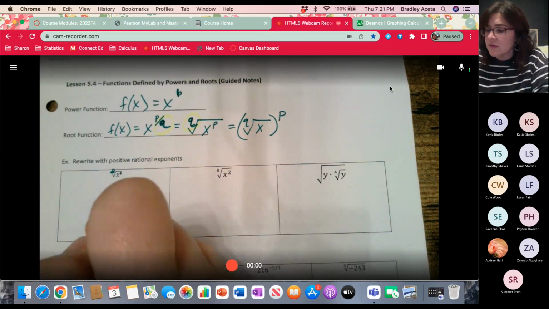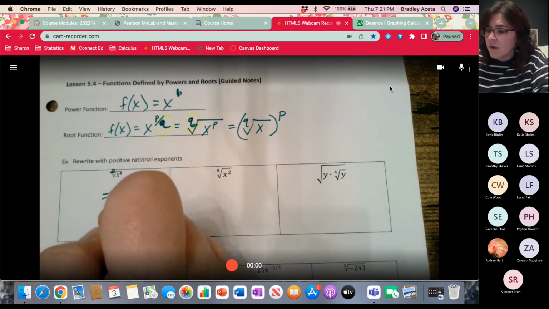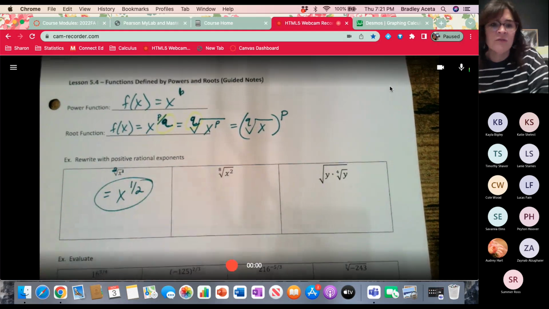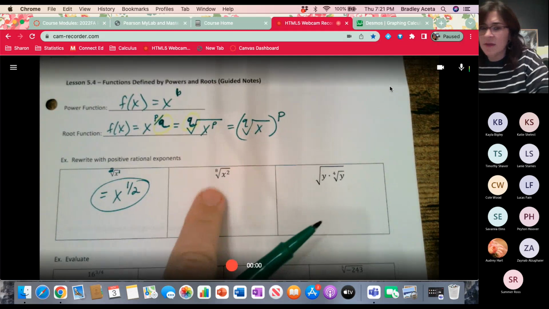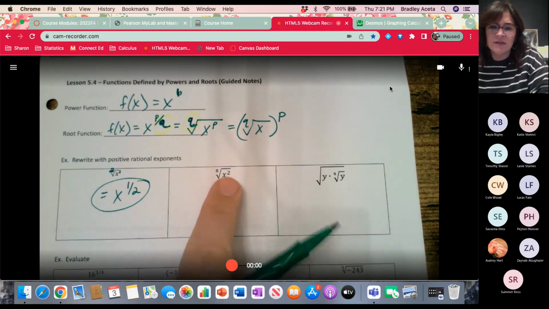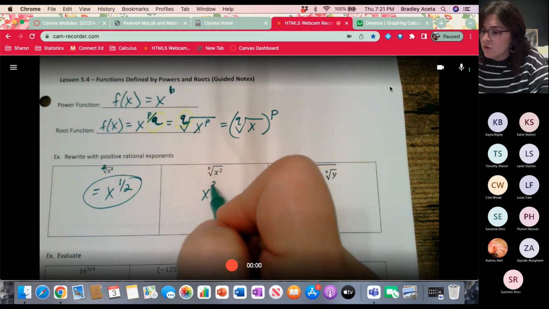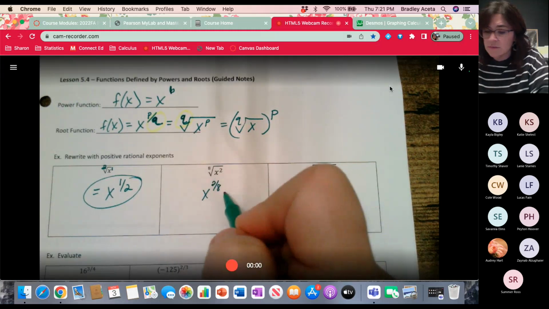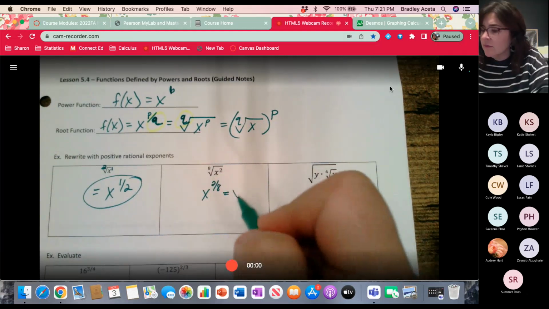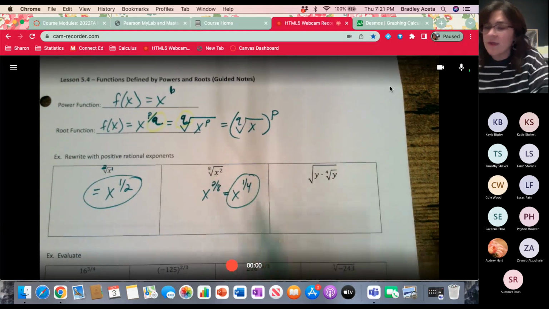So this is really x to the 1 over 2, 1/2. So then what would this be? The 8th root of x squared. Well, that would be x to the 2 over 8, which is really what? X to the 1/4.